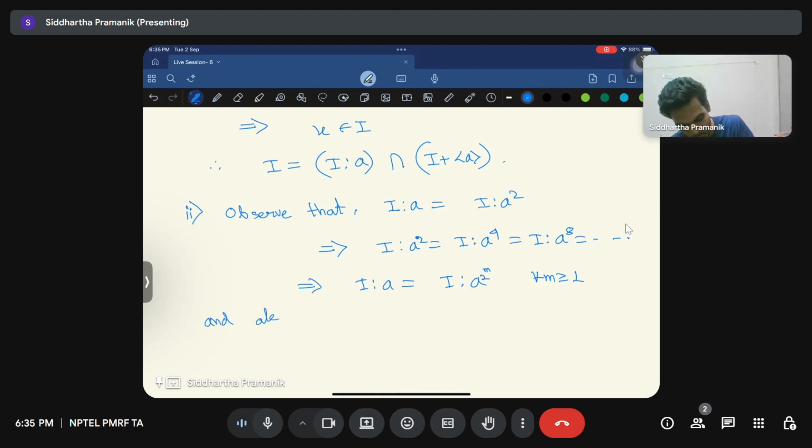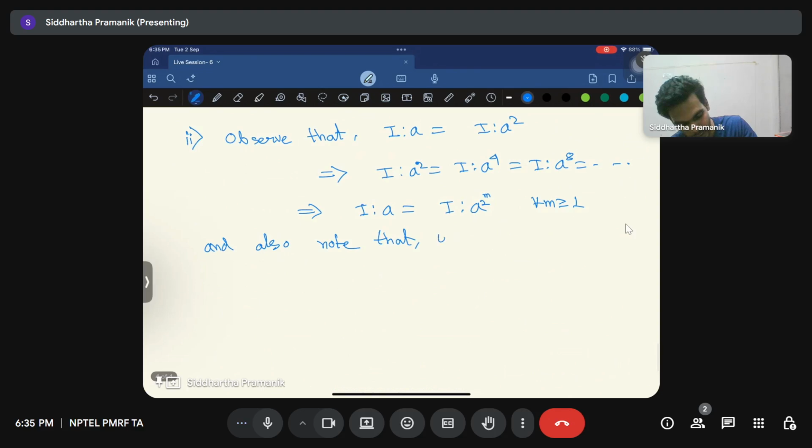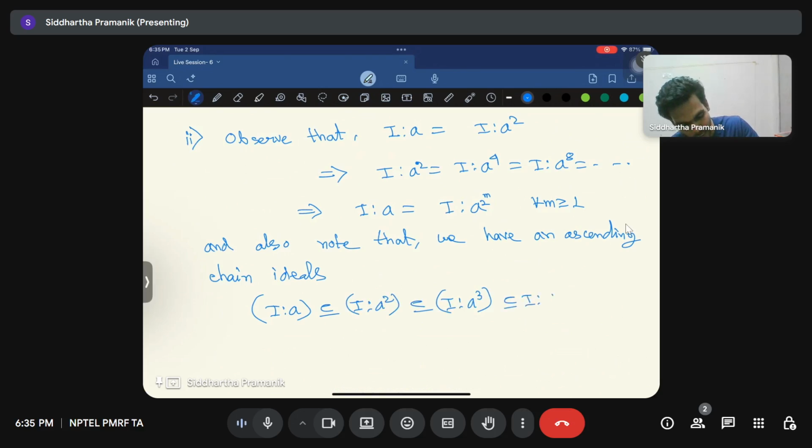And also note that we have an ascending chain of ideals: I colon A, which is a subset of I colon A square, which is a subset of I colon A power 4, and a subset of so on.